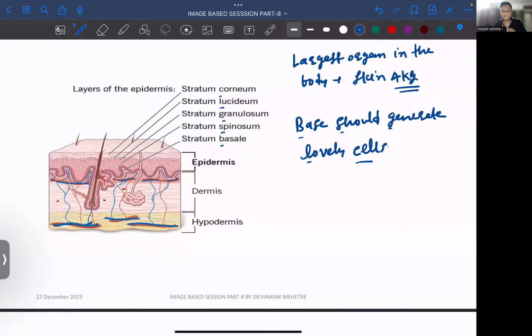Now tell me, how many cells do we have in skin? Anyone? Okay. Which cell produces keratin?